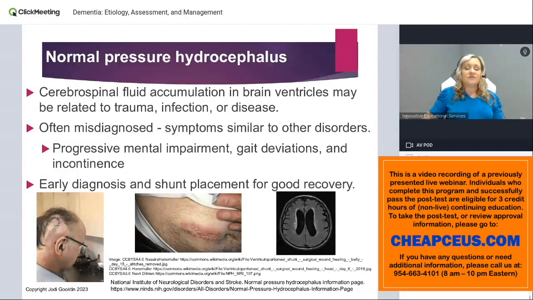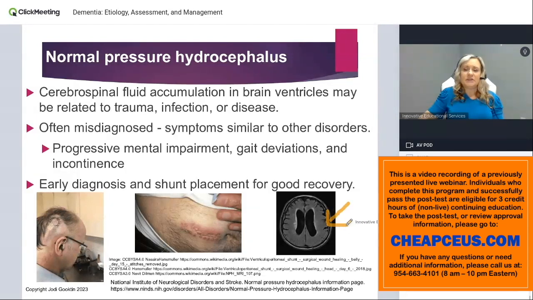Normal pressure hydrocephalus. This is a reversible form of dementia where the cerebrospinal fluid is not flowing appropriately. It's going to be blocked somehow, either in the spinal cord or in the brain, wherever it's blocked, or there is overproduction. And what happens is, as that builds up, we're going to see a change in the ventricles for that individual.